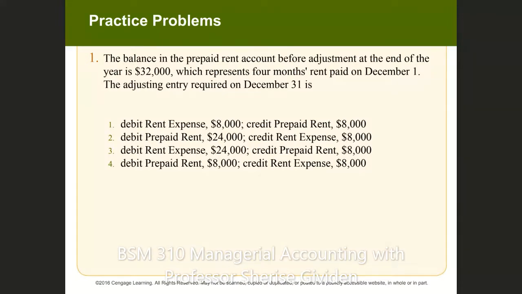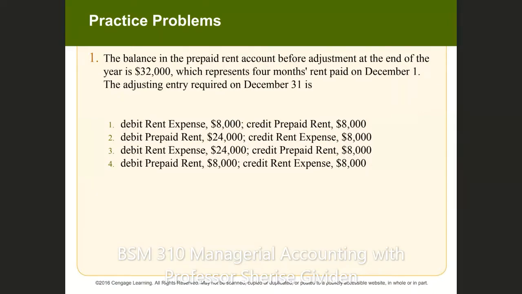So we have prepaid rent of 32,000, and we prepaid 4 months of rent. So the balance in our prepaid rent account is $32,000 for 4 months.